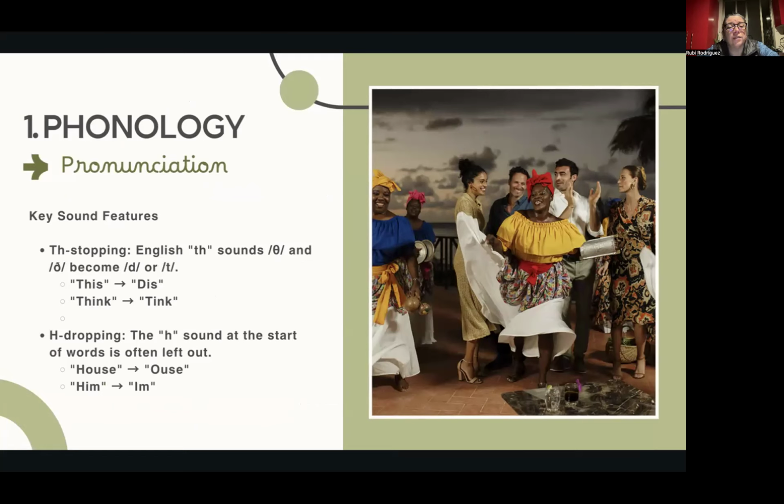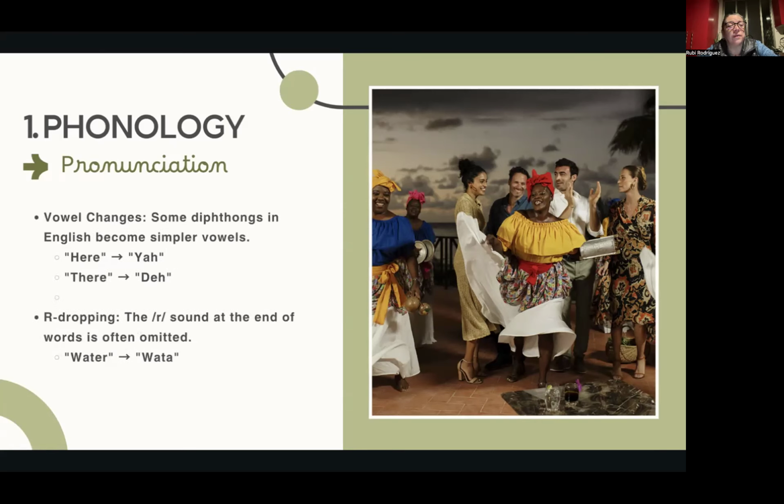The th sounds, the interdental sounds, become d or t. For example, "think" sounds like "tink." H dropping: the H sound at the start of a word is often left out. For example, "house" sounds like "ouse," and "him" sounds like "im."